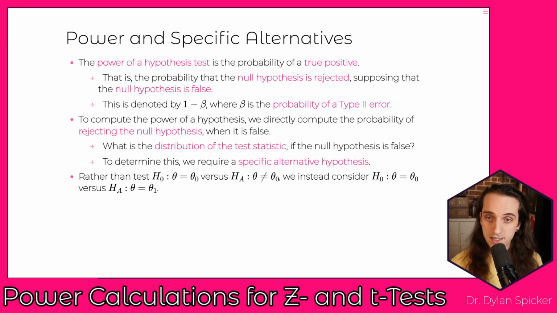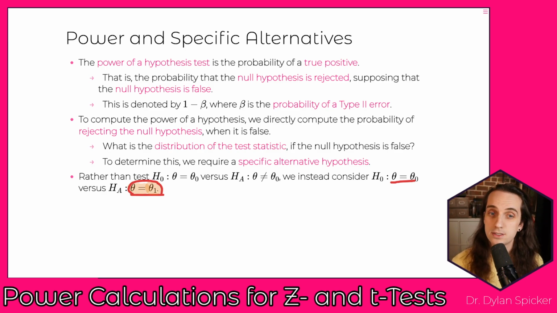Okay? In this context, we can say that either theta is going to be theta naught or it's going to be theta 1. Right? So we are saying in some sense that if the null is not true, then we know that theta equals theta 1. In practice, these aren't going to be the hypothesis tests that we're really running, but the idea is that if you're willing to specify this value, right, then we can say, well, if it turns out that the null hypothesis is false and that theta really is equal to theta 1, what is the power in this situation?